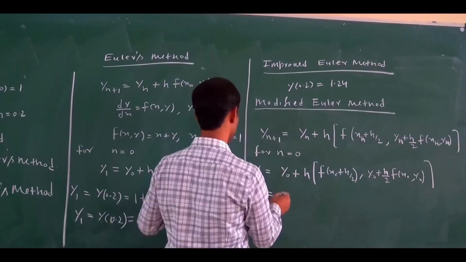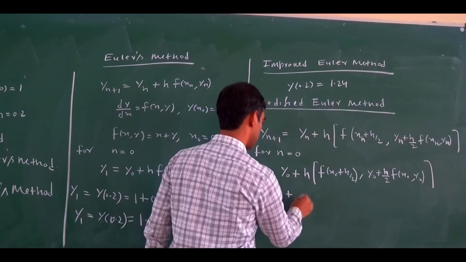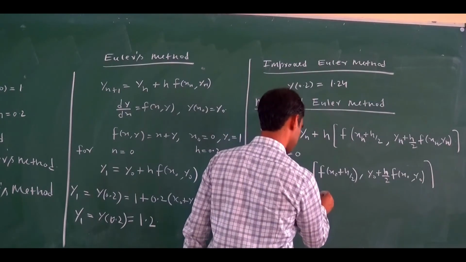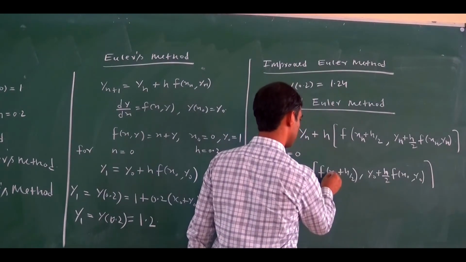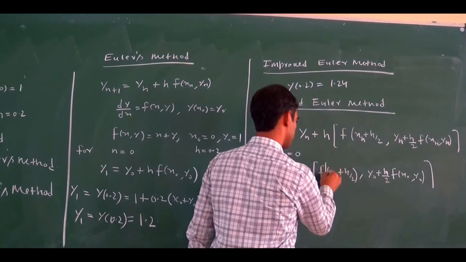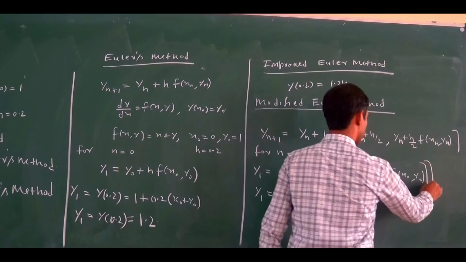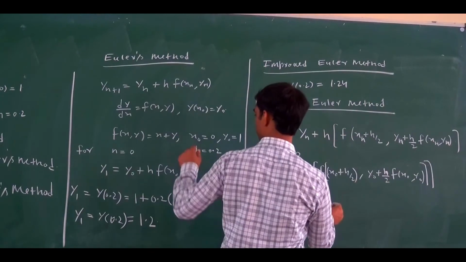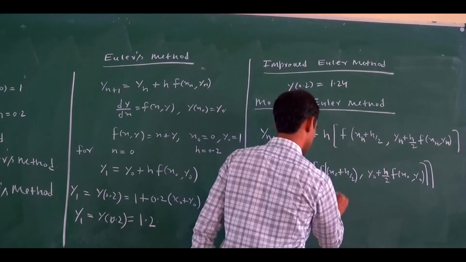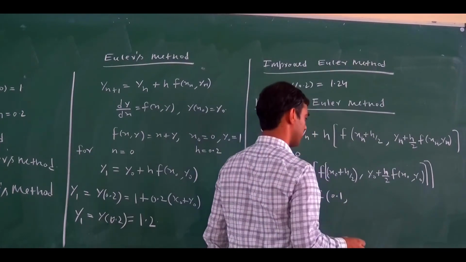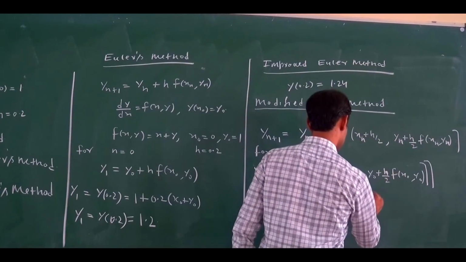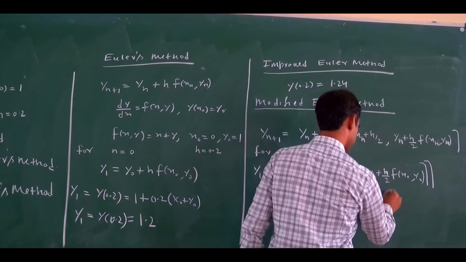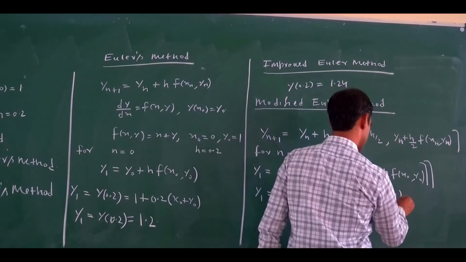What is the value for y0? y0 is 1, plus h is 0.2 inside f of x0 plus h by 2, where x0 is 0, h by 2 means 0.1, 0.1 comma y0 which is 1 plus 0.2 by 2, 0.1 f of 0, 1.